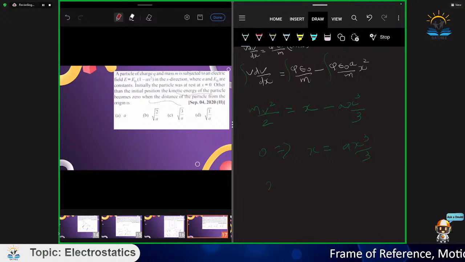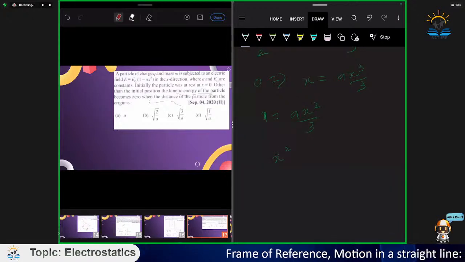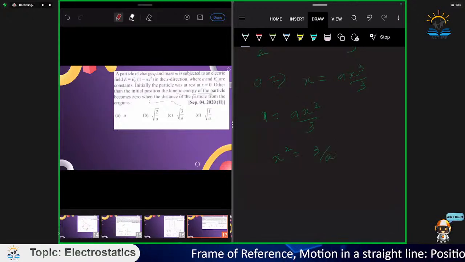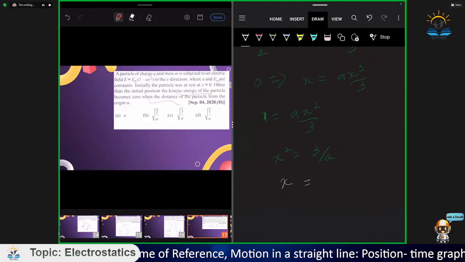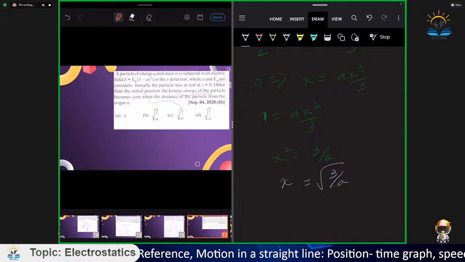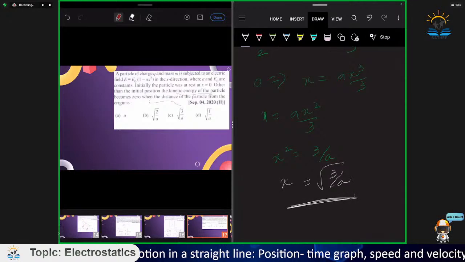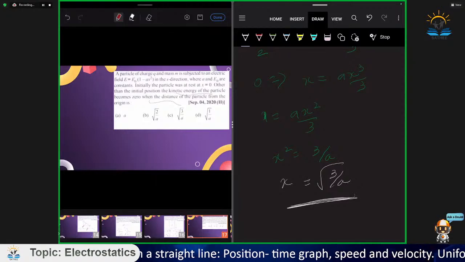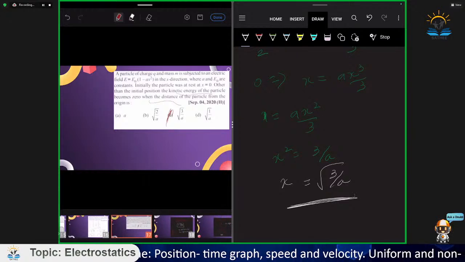That means 1 equals A x square by 3, so x square is equal to 3 by A. That means x is equal to root of 3 by A. At x equal to root of 3 by A, kinetic energy will be 0. So root of 3 by A, option C.